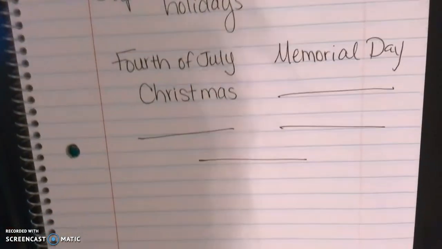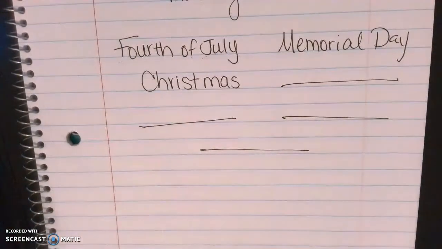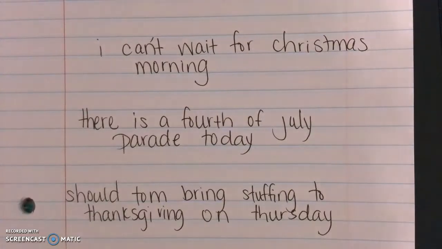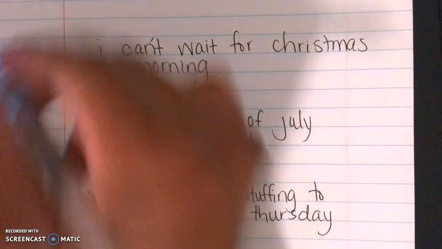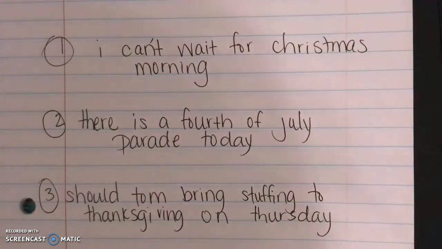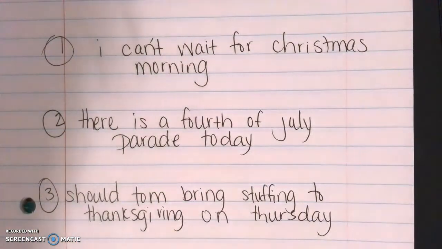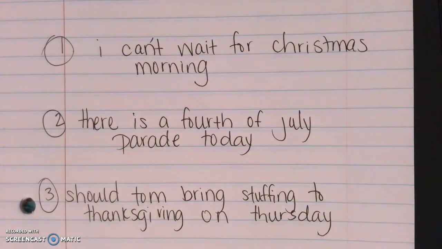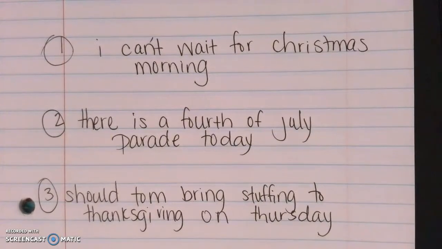And now let's do some examples. Okay, look at these 3 sentences. Number 1, I can't wait for Christmas morning. Number 2, there is a 4th of July parade today. Number 3, should Tom bring stuffing to Thanksgiving on Thursday?